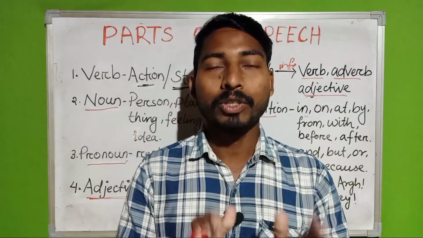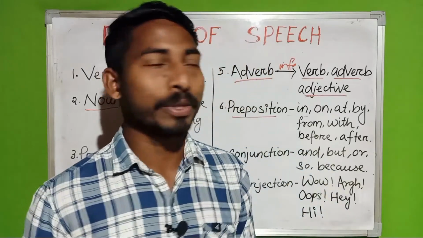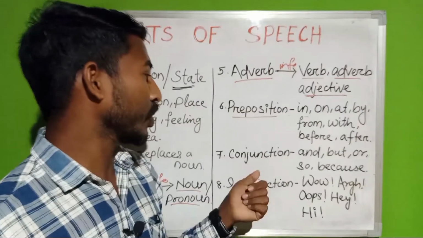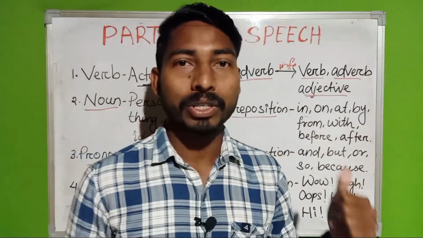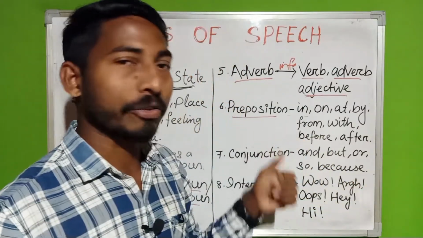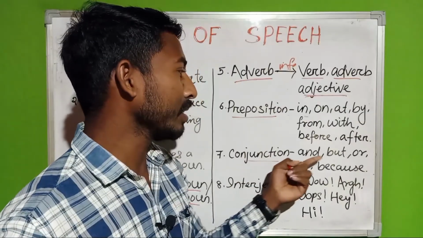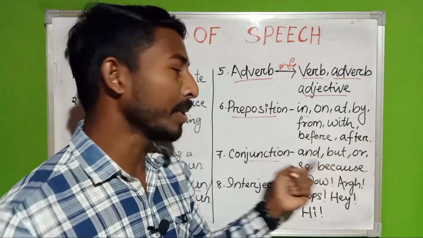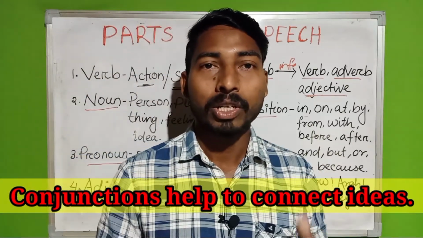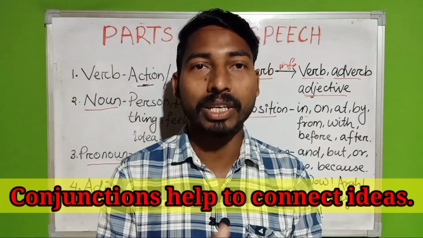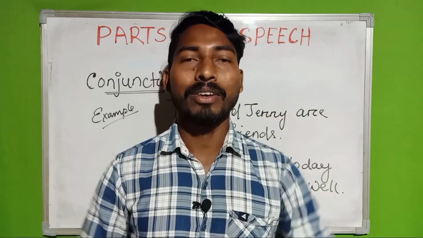But very often students and others get confused between prepositions and conjunctions. Remember they are very different, because conjunctions are words like and, but, or, so, because, and these words connect ideas. Tom and Jerry are good friends.